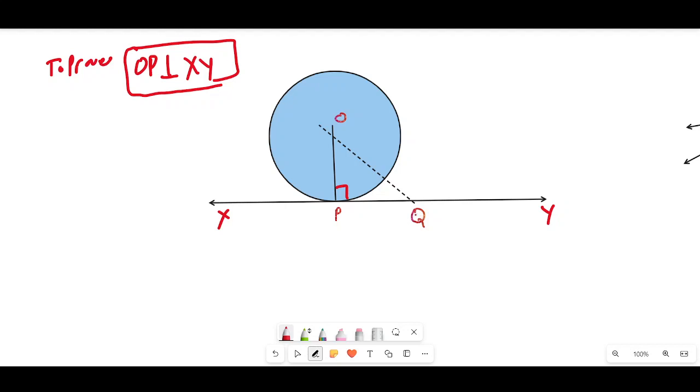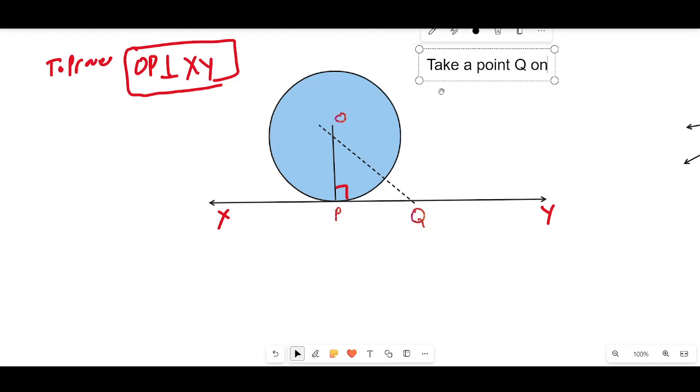Take a point Q on XY, other than P, join OQ.